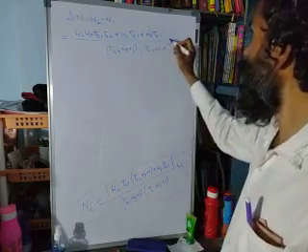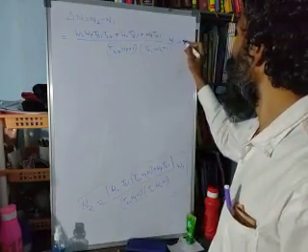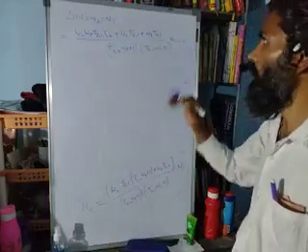So this entire thing into n1 is the value of n2, and of course minus n1 we can write as it is, minus n1.